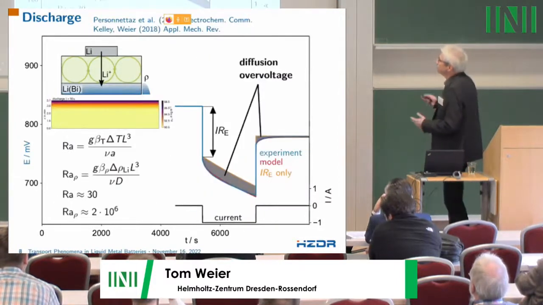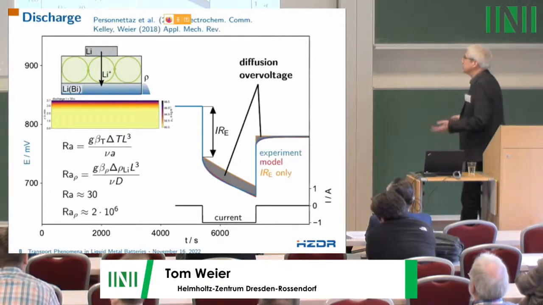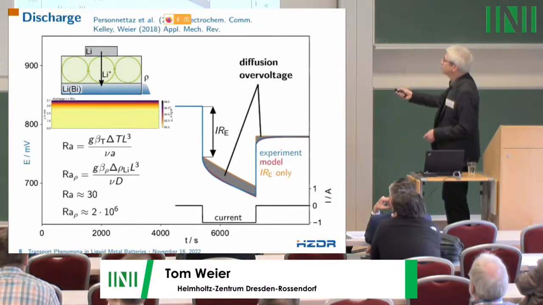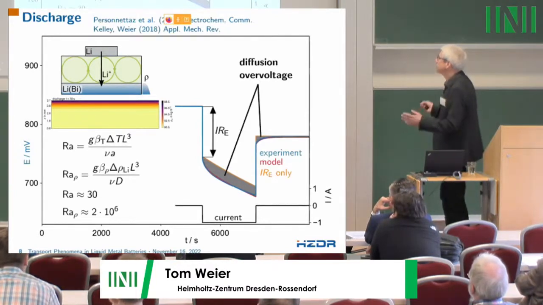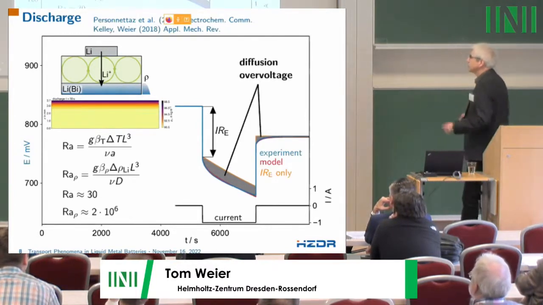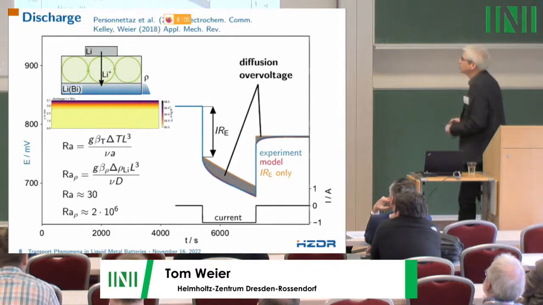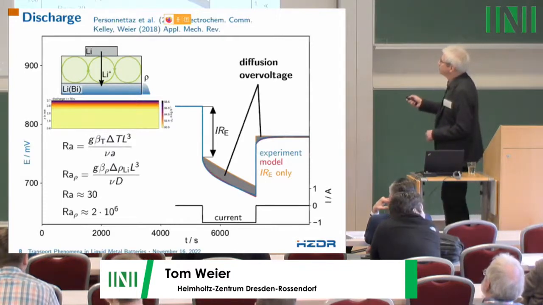Unfortunately, during discharge, the opposite happens. We are depositing very light lithium, density 0.5 grams per cubic centimeter approximately, into very heavy bismuth, roughly 11 grams per cubic centimeter, and we generate an extremely stable density stratification.